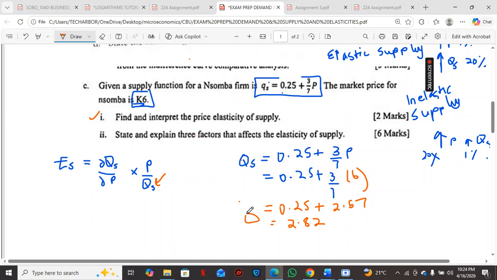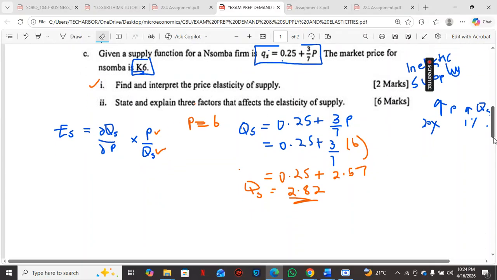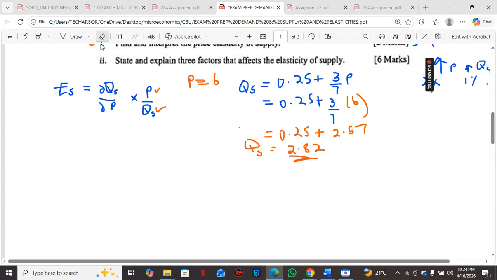Okay, quantity supplied. This QS here, we'll put it in that formula. P already we've been given in the question, P equals 6. So we've got P and we've got QS. Now what is left is we need to derive our supply function.